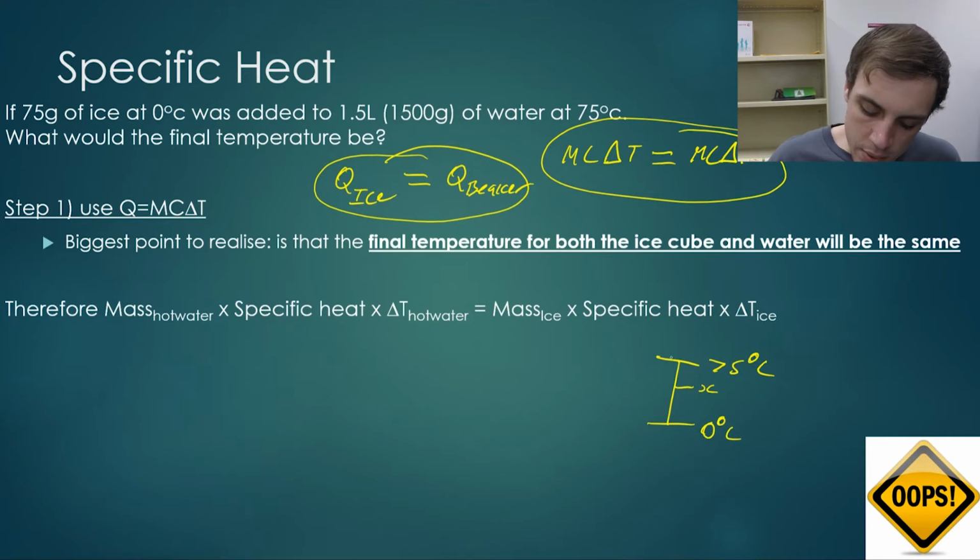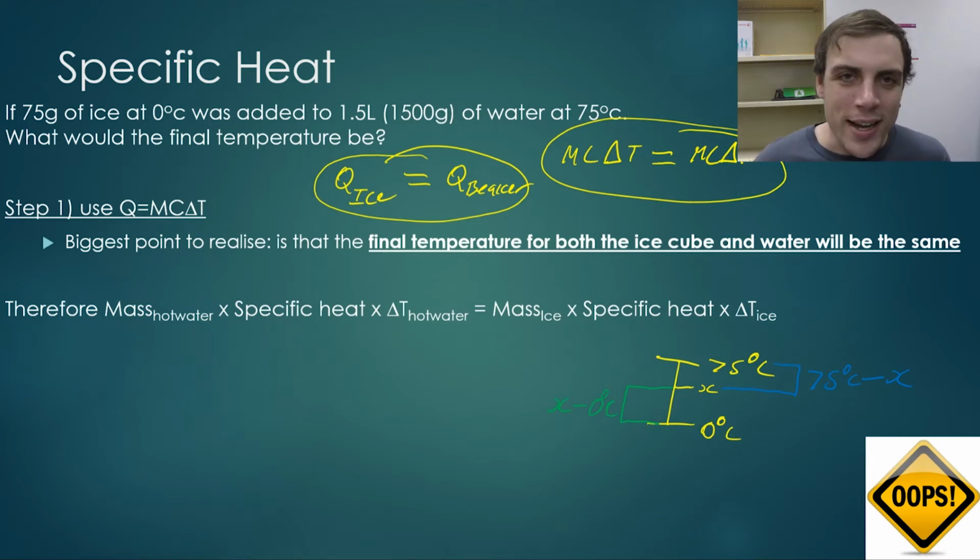We can write 75 degrees Celsius minus X. By having this formula, the initial temperature minus the final temperature, this will give us this gap here. But with the ice, I can write this gap over here as X minus 0 degrees Celsius.